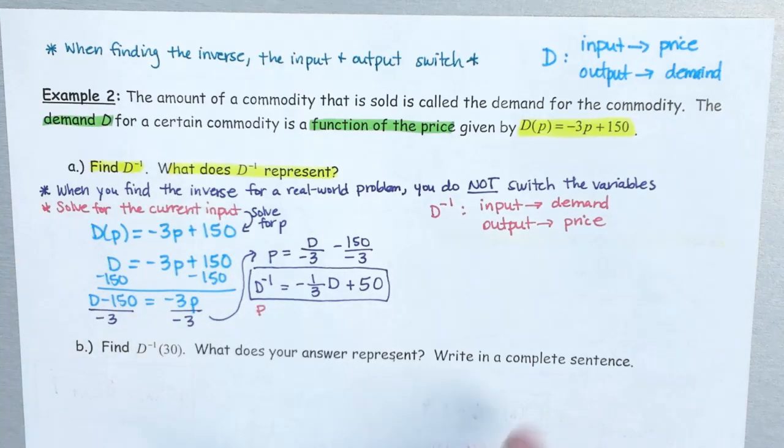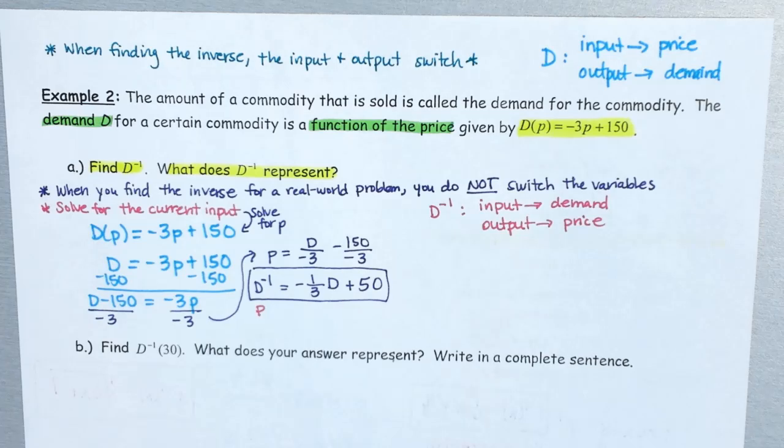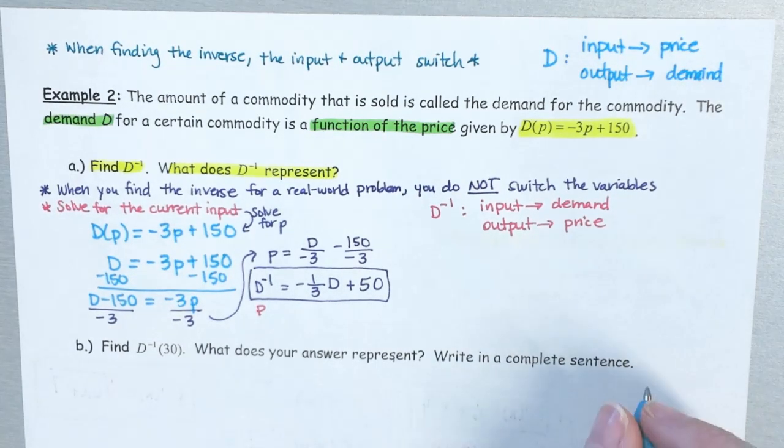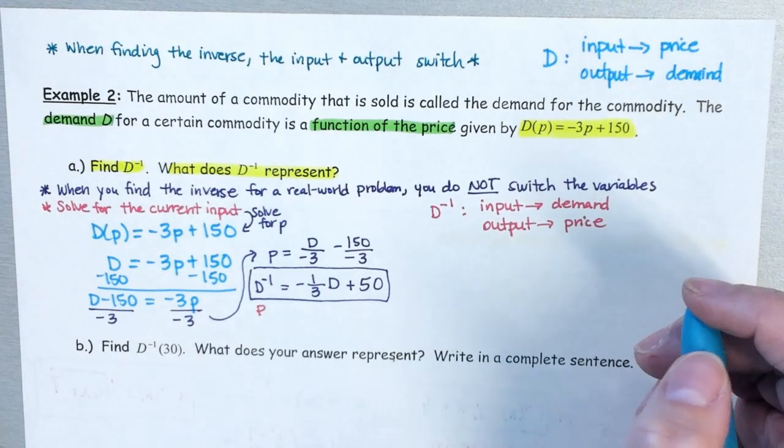Okay, so notice here it says the demand D for a certain commodity is a function of the price. Okay, so now our function is going to be of the demand.